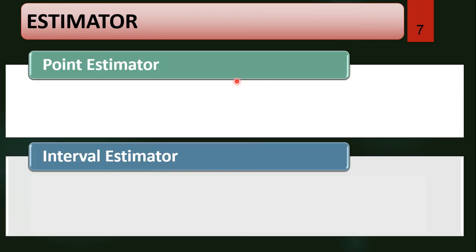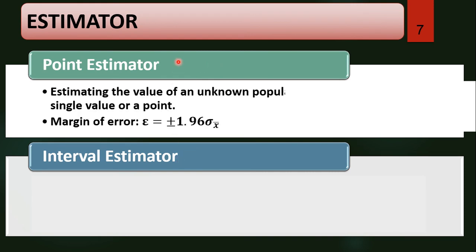There are two types of estimator: either we use the point or we use the interval. With the point estimator, we estimate the value for the unknown population parameter by using a single value.